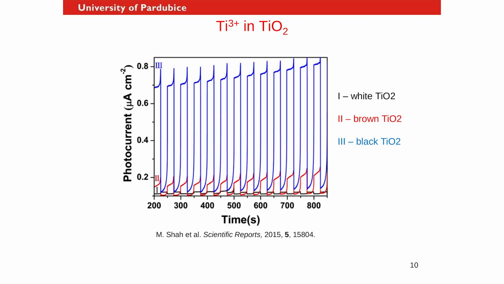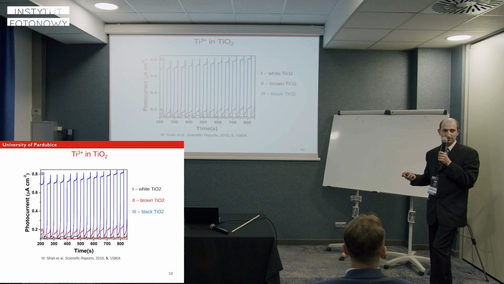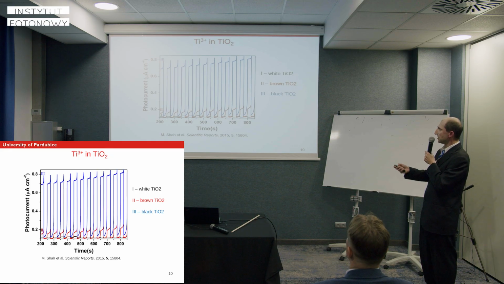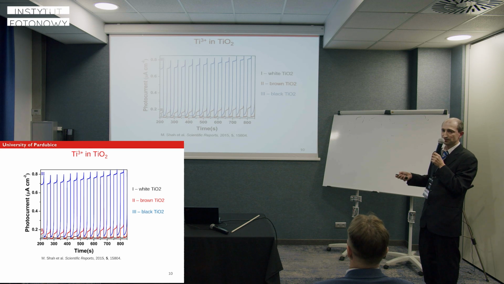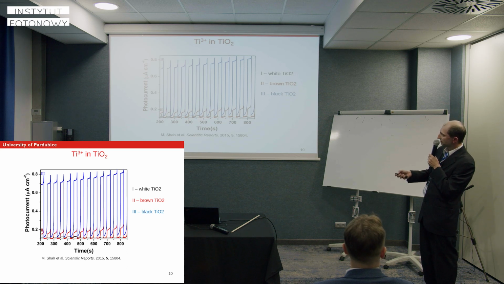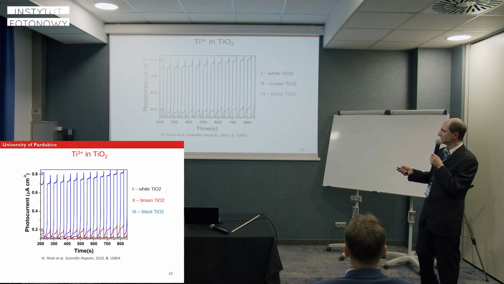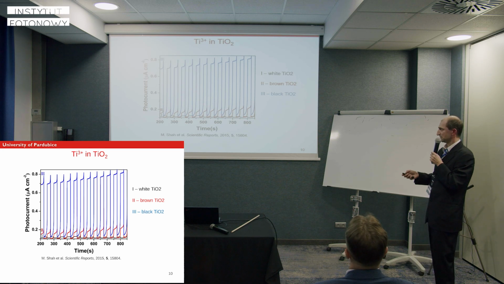And this is not surprising. There is plenty of literature. You can see that titanium 3+ strongly supports the photocurrent density. And this is one of them. You can see that the black curve is white titanium. The red is, they call it brown. There is some titanium 3+, and the blue is a black titanium. There is plenty of titanium 3+ in the structure.